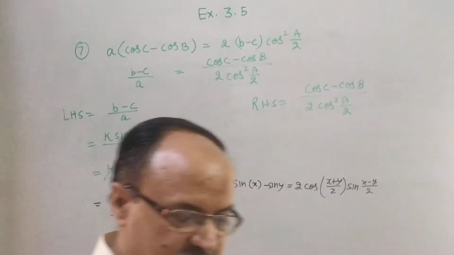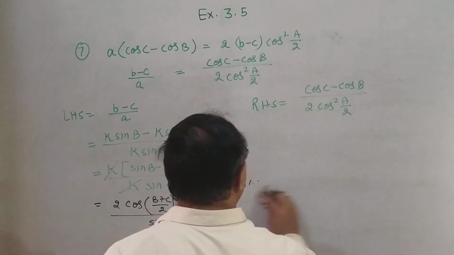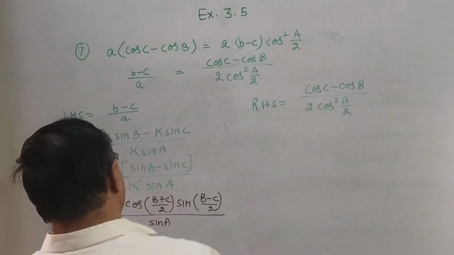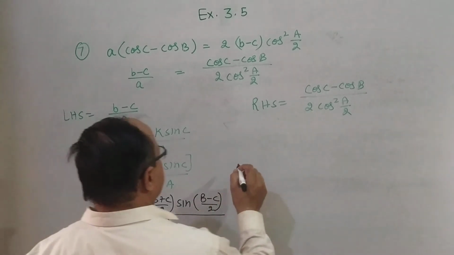Now you can put the value of B plus C. You know that A plus B plus C is 180.